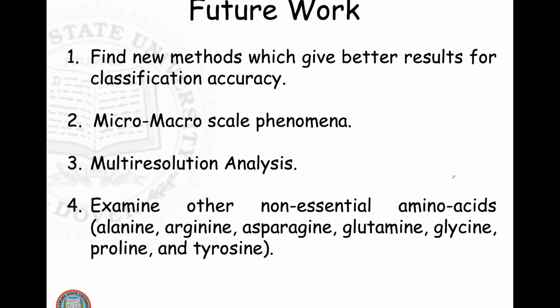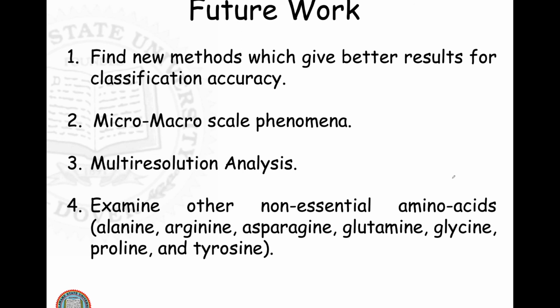Future work that we had planned for this is to find new methods that can give better results for the classification accuracy. And there are some diffusion-based approaches we're considering, Laplacian eigenmaps and things like that, to look at microscale and macroscale phenomena. This idea of self-similarity along the manifold as a way to measure what the entropy density was showing.